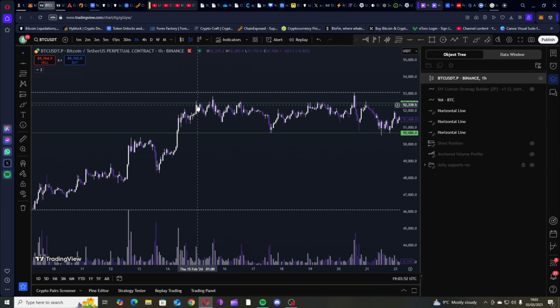It came up, it came down, it came up, faked out, came back in, came up, came back in. So you would have waited for these lower time frames to tell you that you can take a short. And you could see this range forming.